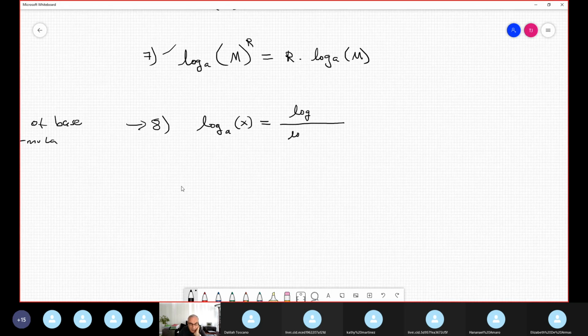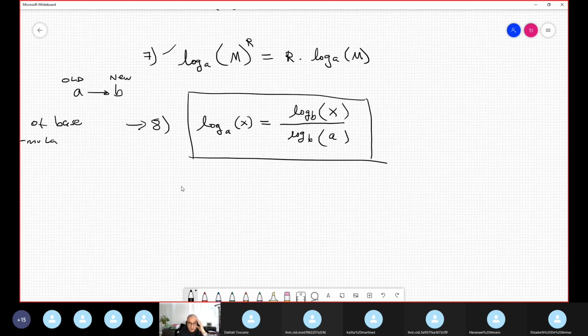And this logarithm contains the new base. So b represents the new base. I want to change from a to b, no? So this is the old base and this is the new one. And you put exactly the same number here, x, and here you put a. This is the formula.